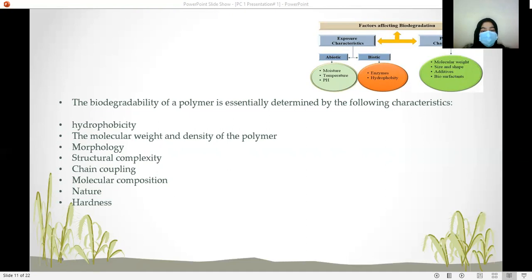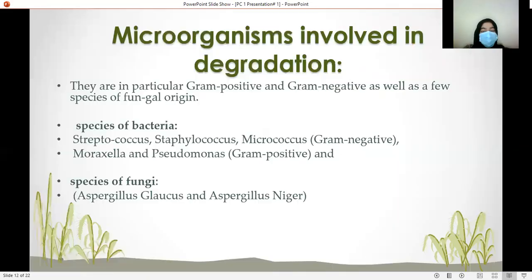So the next slide is microorganisms involved in degradation. There are many organisms which are involved and have mechanisms to degrade large and complicated hydrocarbons into simple biomolecules. Here we mostly talk about bacteria and fungi. Among the bacterial species, we include gram-negative, streptococcus, staphylococcus, and micrococcus.